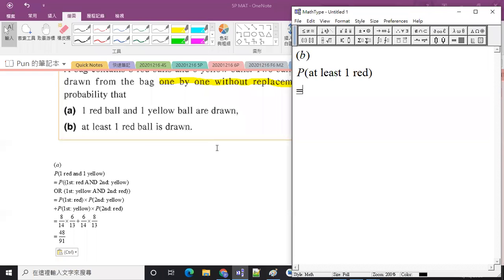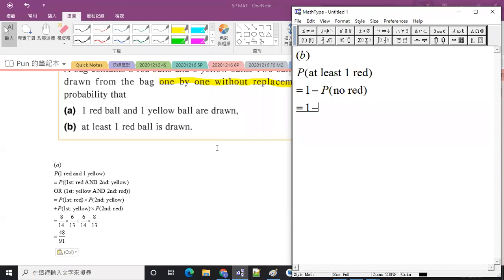Okay, we draw 2 balls, so it can be 1 red ball or 2 red balls. So which case do I not want? No red ball. Okay, no red ball is the only case that I don't want. Can you see this? So I'm going to use 1 minus the case that I don't want.